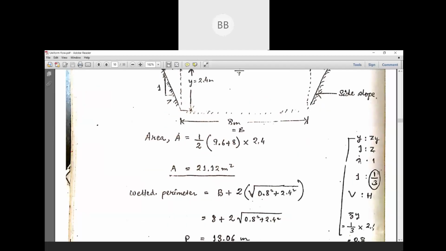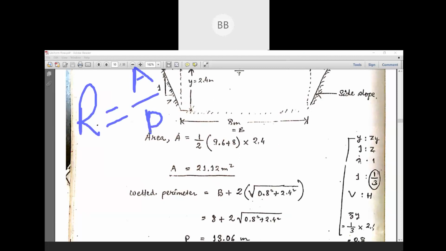So we have calculated the area, then definitely we need to find out r. To find out r, we know we need area by wetted perimeter. So area we have calculated.